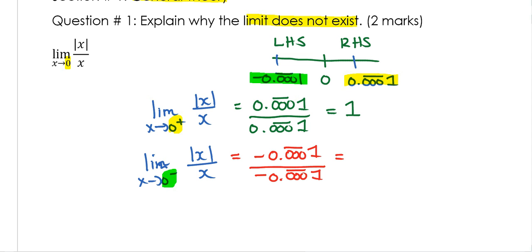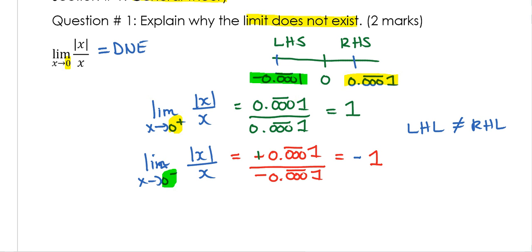And sorry, this will be a plus here because that's the absolute value here. But overall, the numerator and the denominator are the same numerical values, so that will be 1. But since the denominator is negative, this would be a negative 1. So once again, you could just state here that the left-hand limit does not equal the right-hand limit, therefore your limit does not exist.